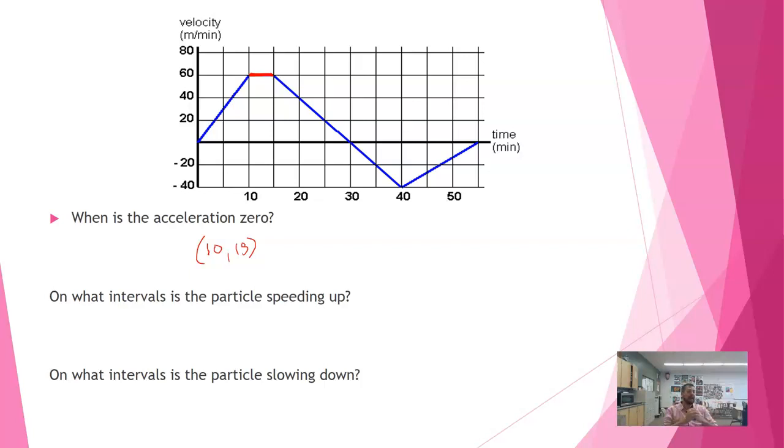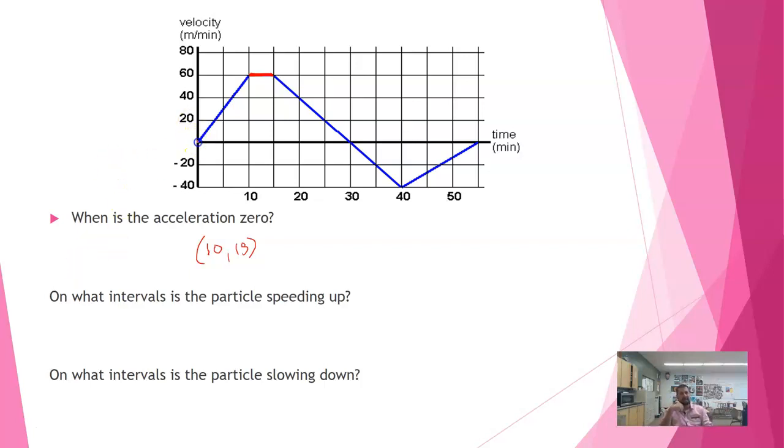Well, when I look at this problem, if I want to know where the particle is speeding up, there's one of two ways to look at it. Anytime a velocity graph is moving away from the x-axis as we move from left to right on our graph, we can say that our particle is speeding up.